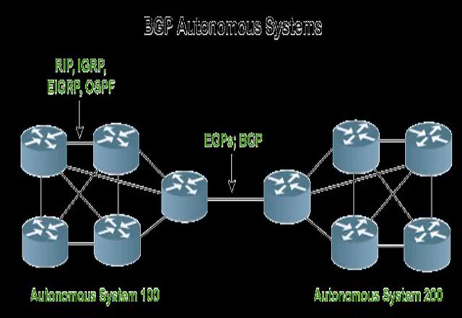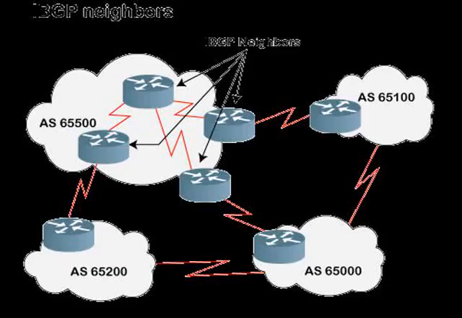BGP neighbors, called peers, are established by manual configuration among routers to create a TCP session on port 179. A BGP speaker sends 19-byte keep-alive messages every 60 seconds to maintain the connection. Among routing protocols, BGP is unique in using TCP as its transport protocol.